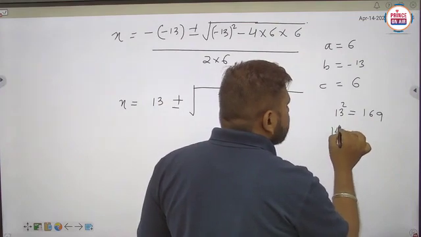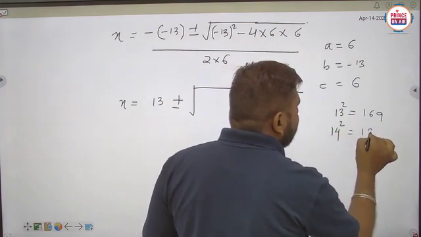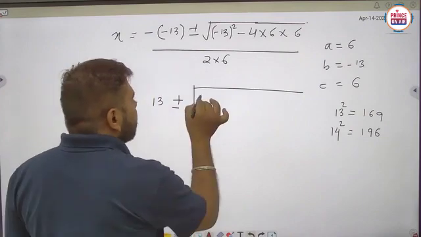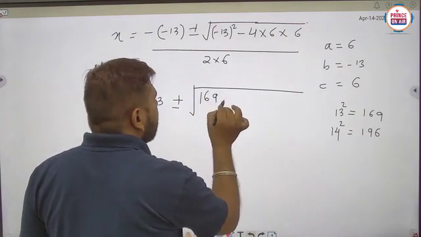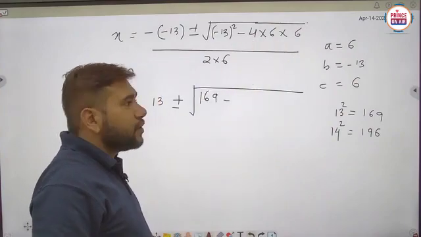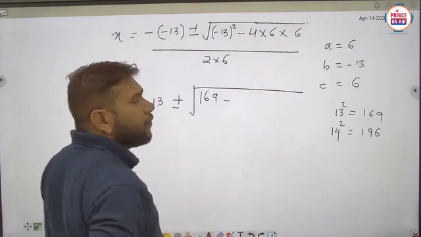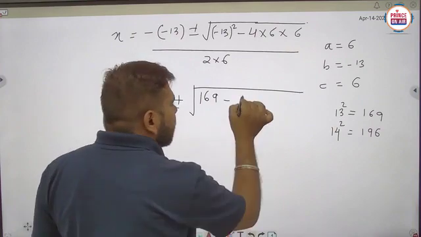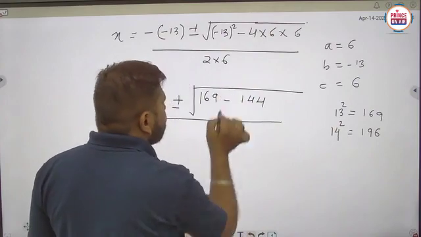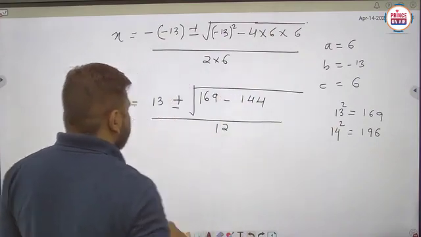Clear, beta? So, 169 minus 6 4s are 24, 24 into 6 it will be 144, upon 2 into 6 it will be 12.